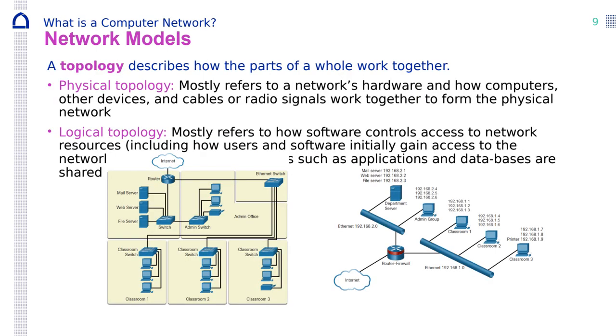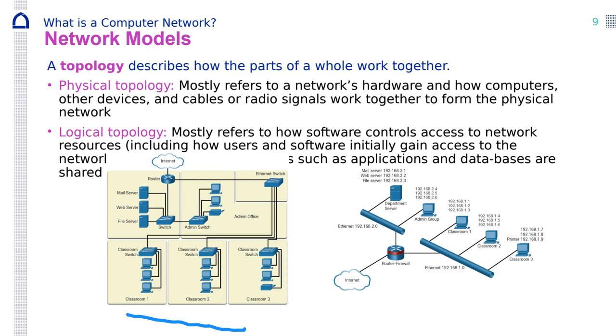Network models. We have topology, and there are two types of topology. Topology is like a diagram, how the design is. We have physical topology, like this one here on the left, which refers to a network's hardware and how computers and other devices and cables work together to form the physical network.